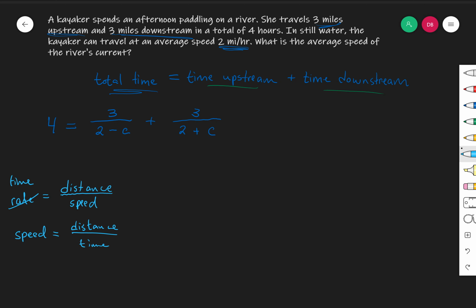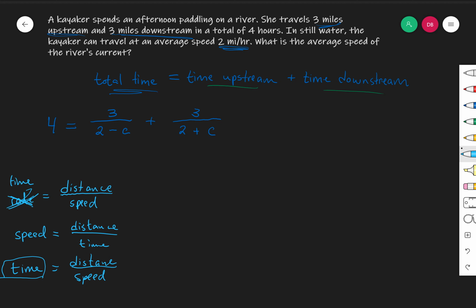So speed is distance over time. If we want to solve for time, we could multiply both sides by time, and then divide by speed. That means time is equal to distance over speed, which is what this is. That's the time. Maybe time is a better way to think of it instead of this rate that I said. So that's how we get these times.